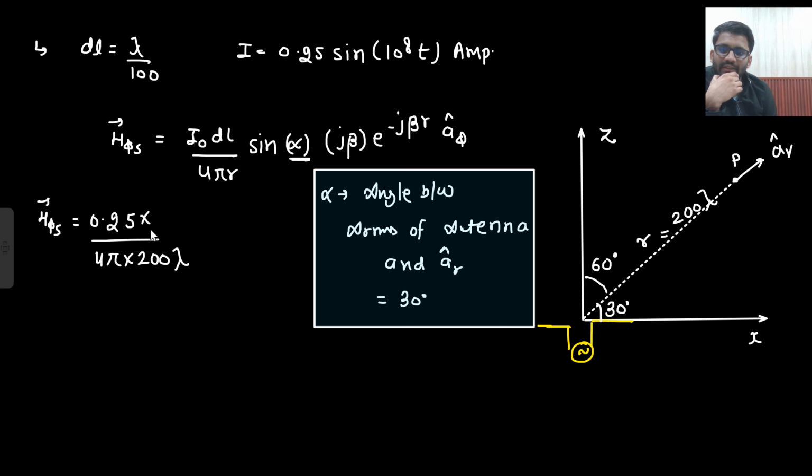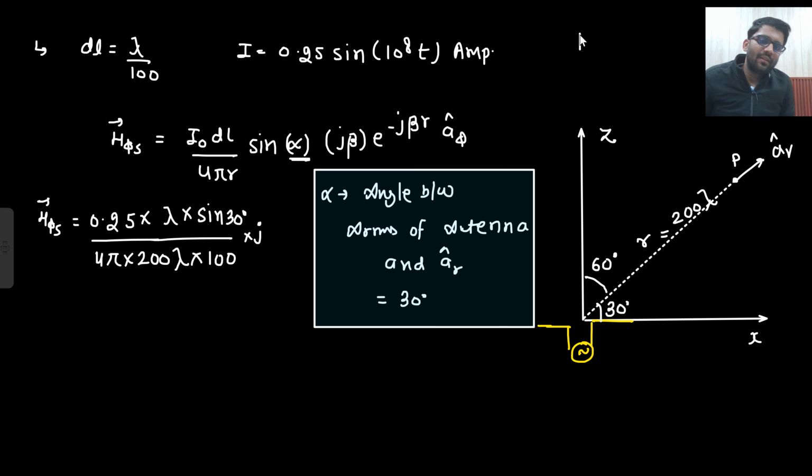So what is dl? dl is lambda by 100. So I have written lambda by 100 over 4 pi r, sin 30, which is 1 by 2. Sin 30 into j beta.